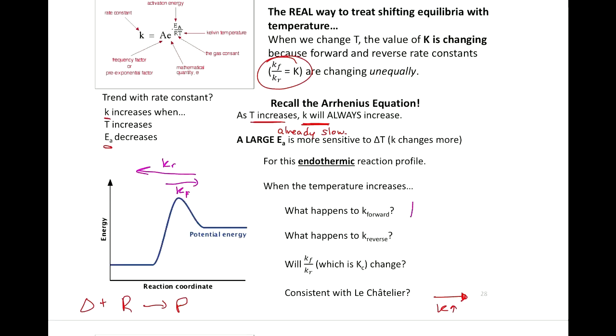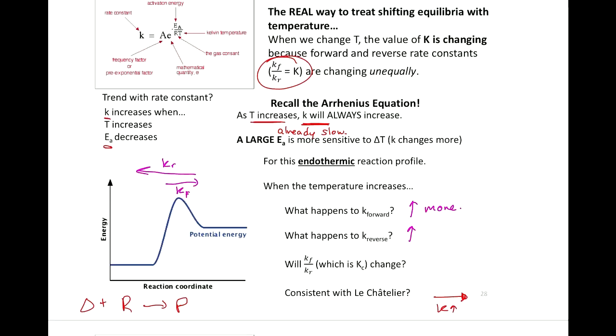When you heat stuff up, they always get faster. What happens to the reverse rate constant when you heat it up? It goes faster, but which one gets faster more? The forward or the reverse rate? Which one gets more use out of that increase in temperature? The one that's already going slow. So the forward reaction actually increases more because it's already going slow. Both of them increase, but the forward reaction increases more.